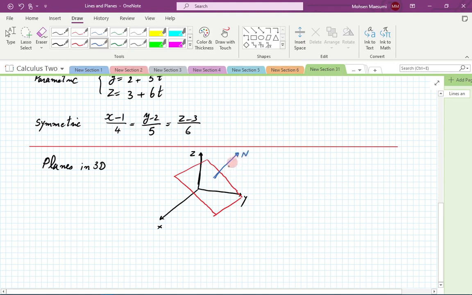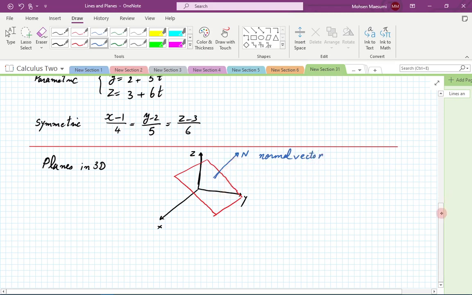We notice immediately we could have come out or gone inside to the other side. There's essentially two choices of normals. One is essentially the negative of the other one. Now, this is the normal vector. Normal means perpendicular. How does that describe a plane?